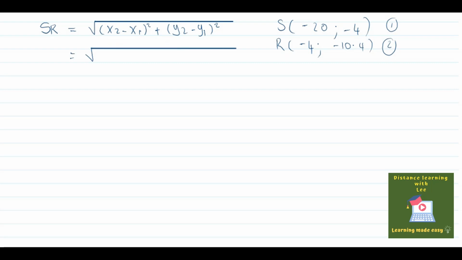So it's x2, which is minus 4, minus 20, which becomes plus 20, since minus and minus is positive, all squared, plus y2, which is negative 10.4, minus negative 4, so it's going to be positive. Let's punch this into our calculator and we get SR equal to 16 square root 29 over 5, which is 17.23.